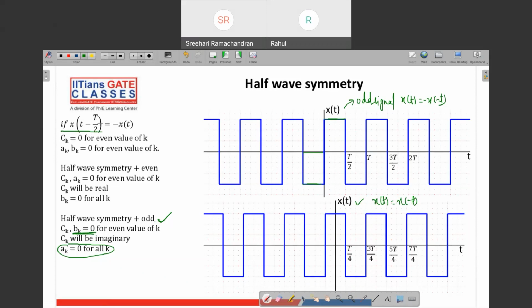Because of these two properties, that it is half wave symmetric as well as an even signal, we will not get any b of k. All the b of k will be 0. Only we will get a of k. And whatever a of k we are getting, we will be getting only for the odd values of k. For even values of k, a of k will be 0 because of the half wave symmetry.